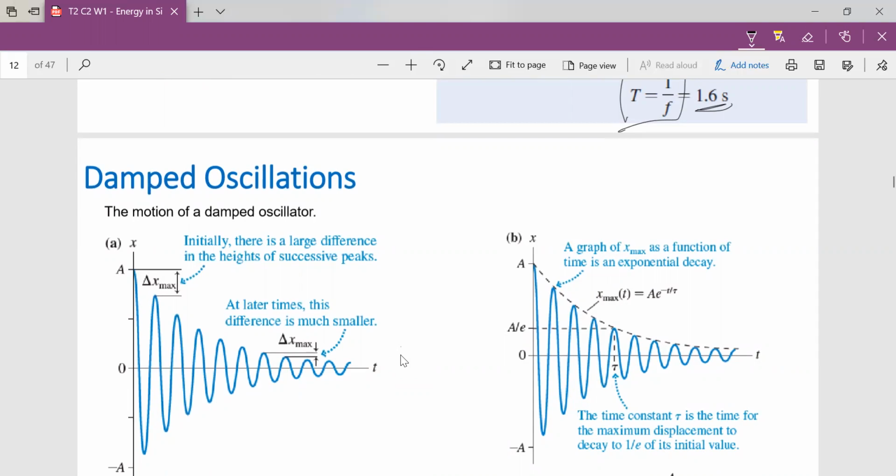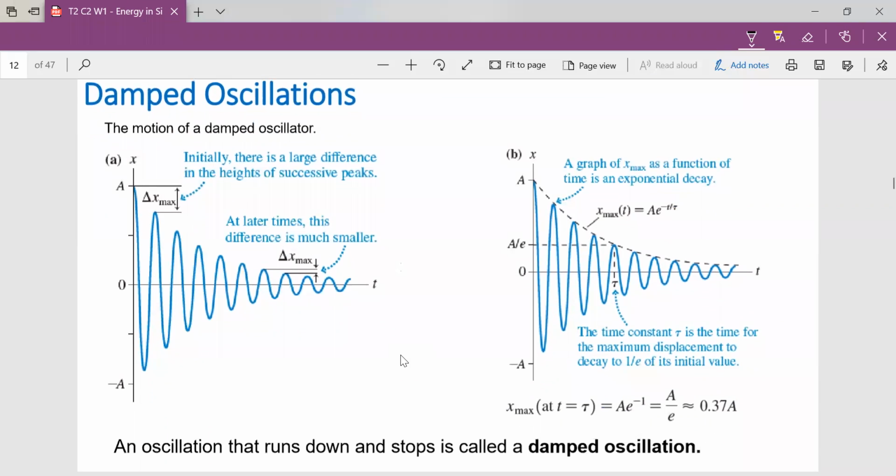So let's quickly look at another concept called damped oscillation. Now, when we say damped oscillation, we simply refer to oscillation that runs down and then stops. If you see from the diagram here, you can see the oscillation running up and down, then fading away.